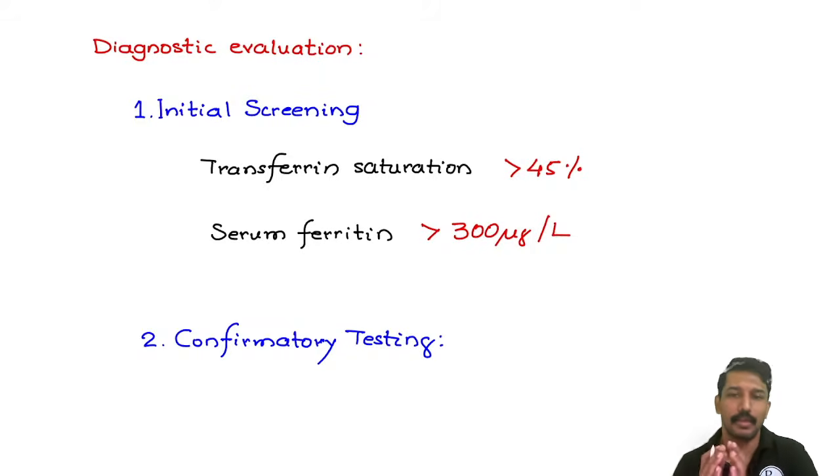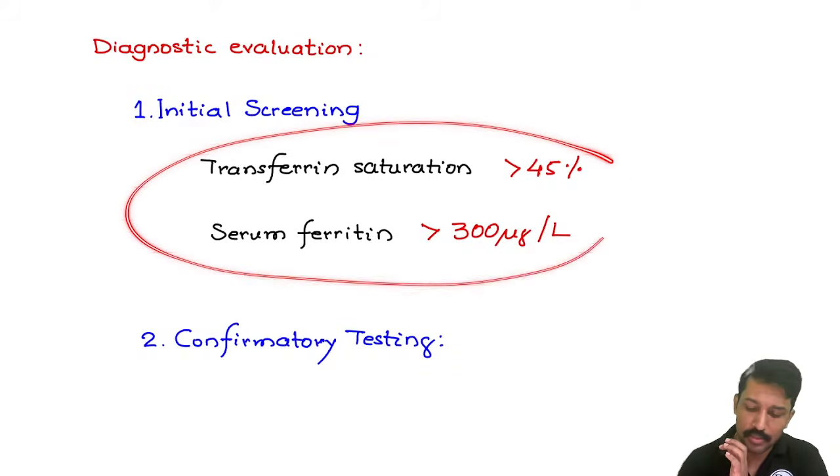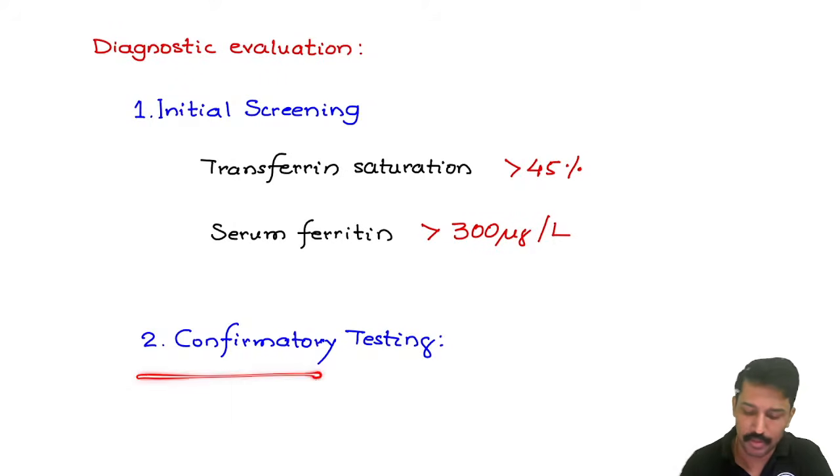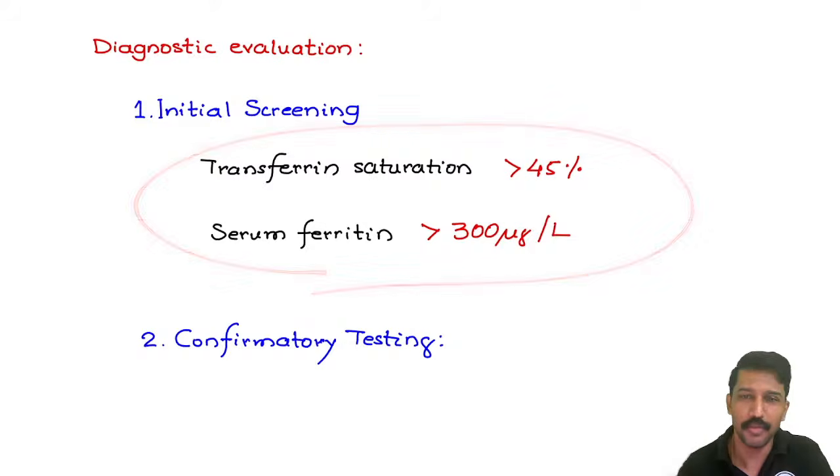Now I have to go for a confirmatory test. If both these tests turn out to be normal, the transferrin saturation is less than 45% and serum ferritin is less than 300 micrograms per liter, probably what you're suspecting as hereditary hemochromatosis may be something else. There may not be iron overload. So we don't have to jump to the confirmatory testing if these values come out to be normal.